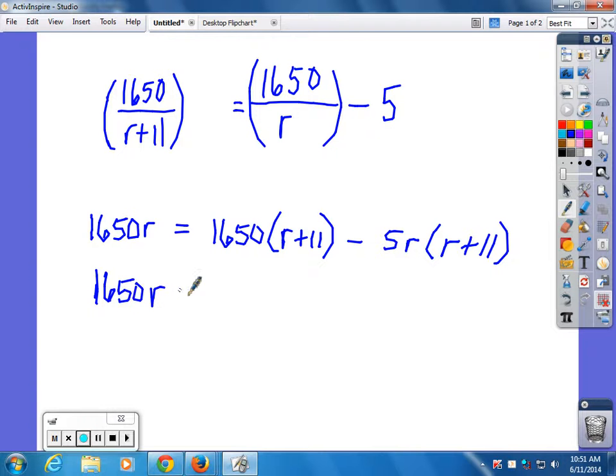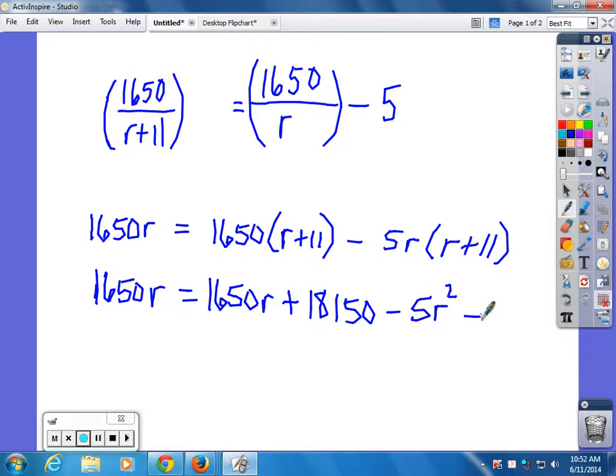1650R is equal to 1650R plus that 18,000 what? 150. Minus 5R squared minus 55R. Now you see how it's coming out? It's coming out the same. Problem is the sign is going to work because these two go out.